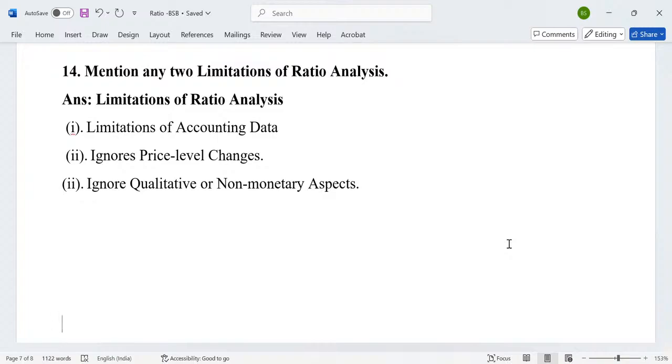Whatever data is available in the balance sheet or statement of profit and loss, we are taking it. We are not establishing the price level changes and then calculating the ratios. Third one is it ignores the qualitative and non-monetary aspects. So ratio analysis can be made only by using quantitative data aspects, not qualitative aspects.